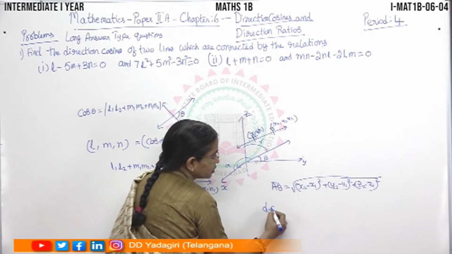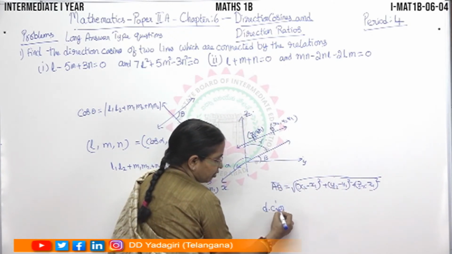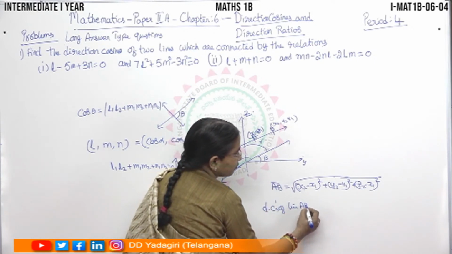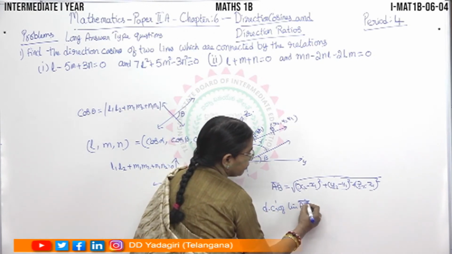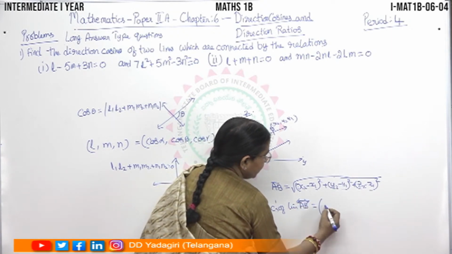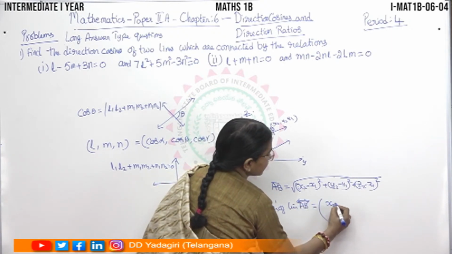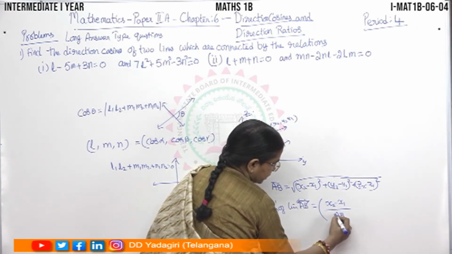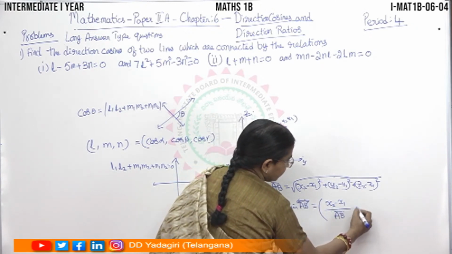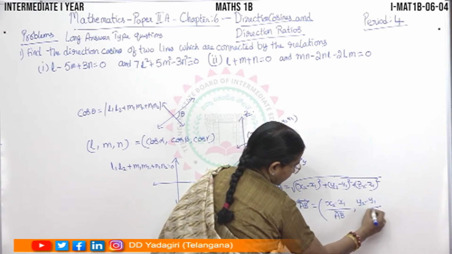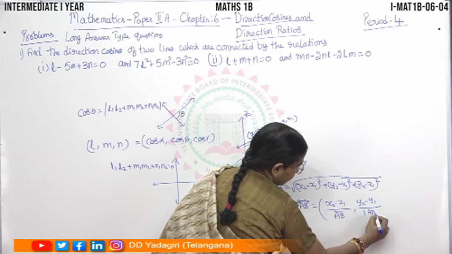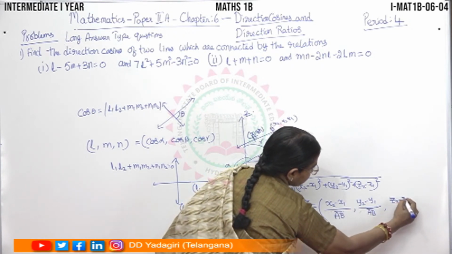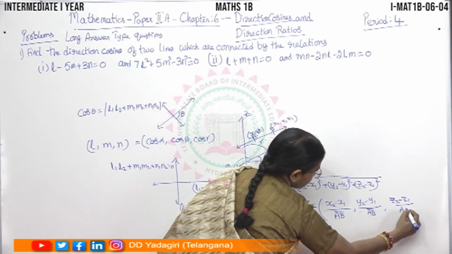Now the direction cosines of the line AB are given by x2 minus x1 by this AB distance, and then y2 minus y1 by again AB distance, and then z2 minus z1 by AB distance.